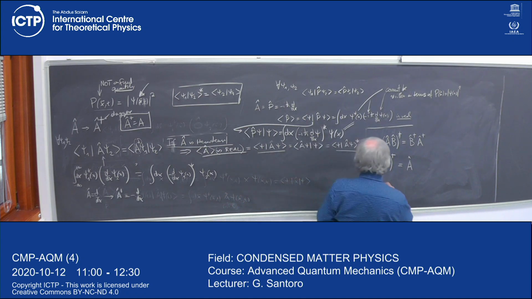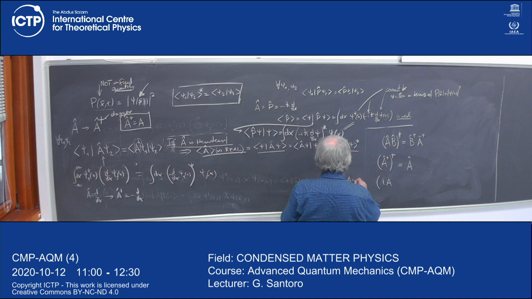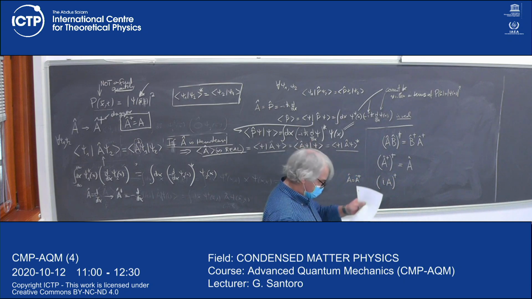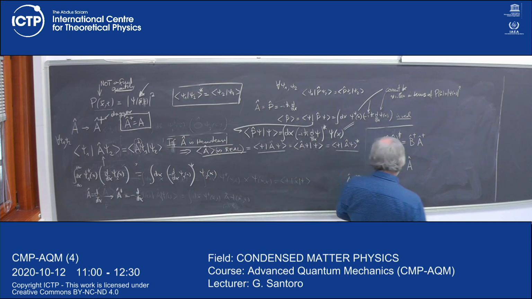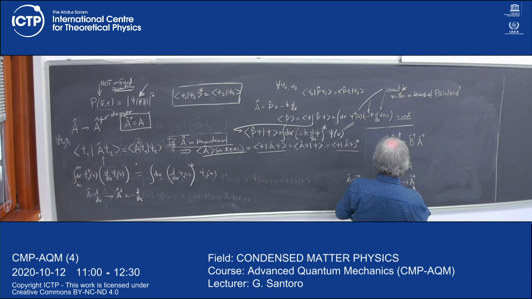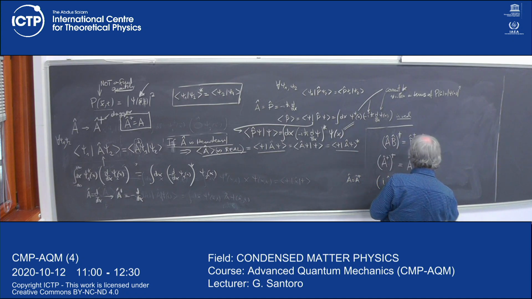Other thing. If I have a Hermitian operator and I multiply by i, so suppose that A is equal to A dagger, so A is Hermitian, then I ask you, what is the dagger of iA? The answer is that generically this would be minus i, the dagger of A, but since A is Hermitian, this is equal to minus iA.